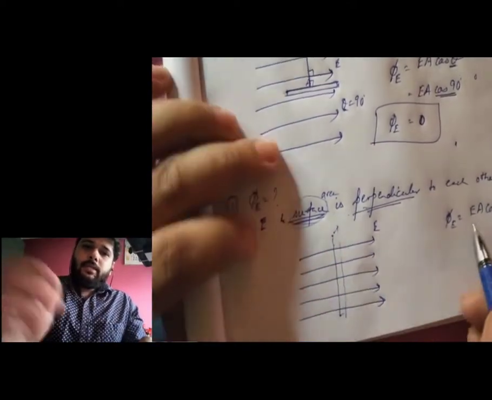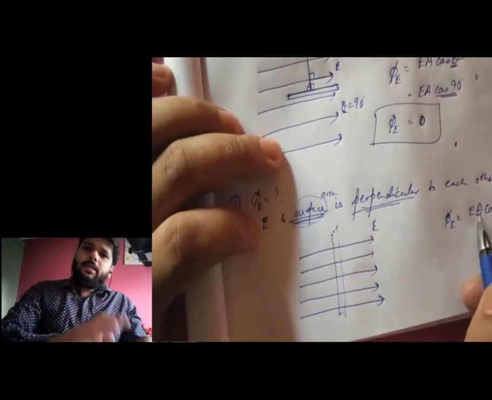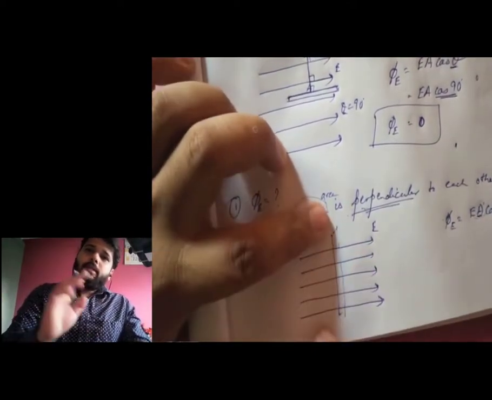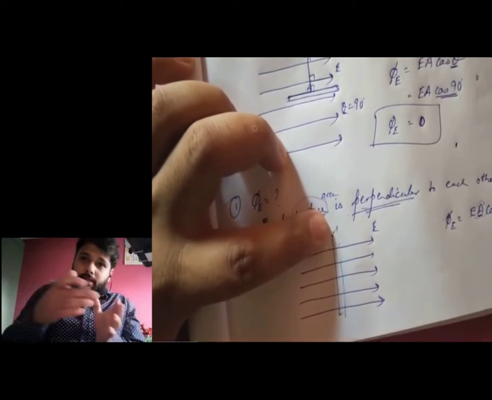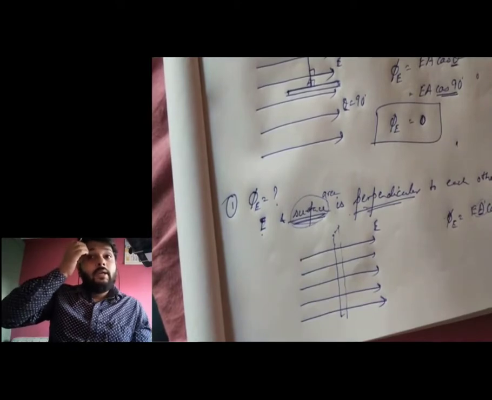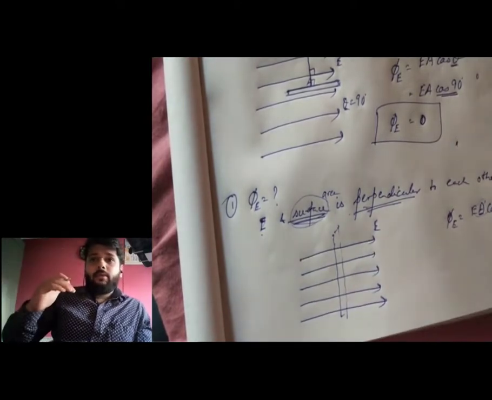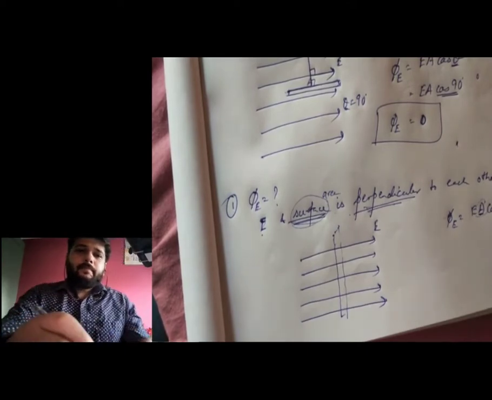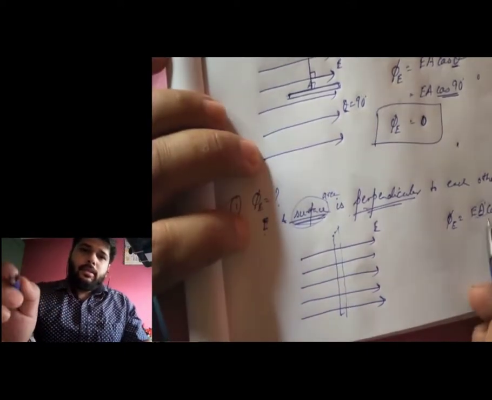The electric field is E, and suppose the area is A. If this is a rectangular surface, the area will be length into breadth. If it is a cylindrical surface, the area will be the total surface area, that is 2 pi r times (r plus h): the top surface, the bottom surface, and the curved surface. So here the electric flux is EA cos theta.